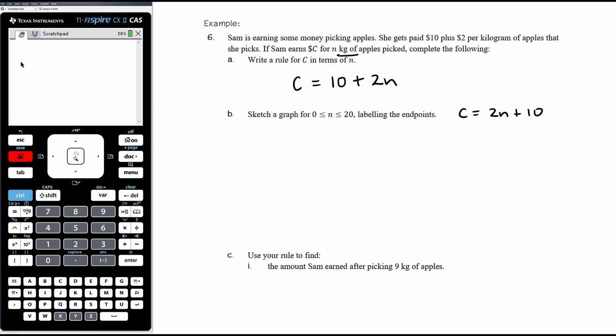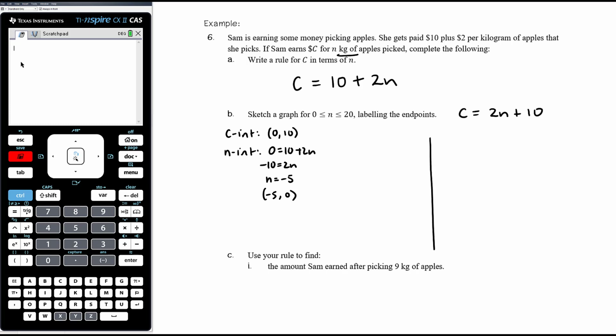So we're going to have our c-intercept, we know, is clearly 0, 10. Our n-intercept would be 0 equals 10 plus 2n, taking away 10, negative 10 equals 2n, dividing by 2, n equals negative 5.